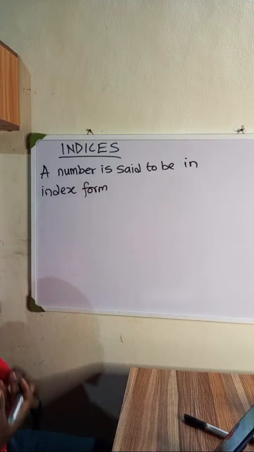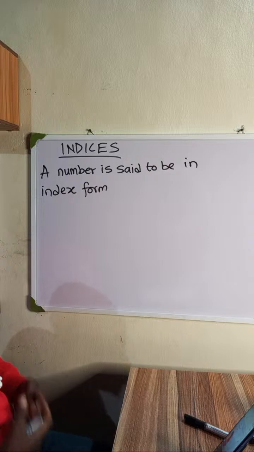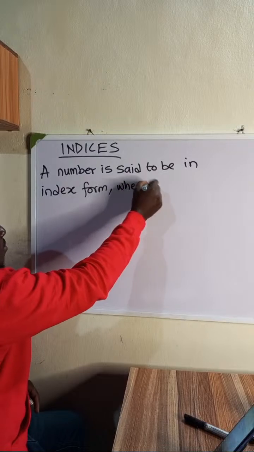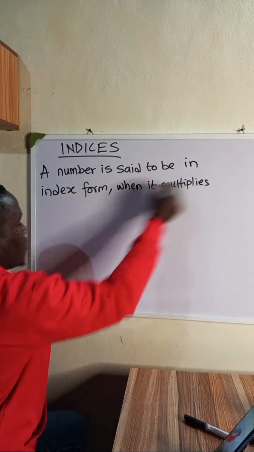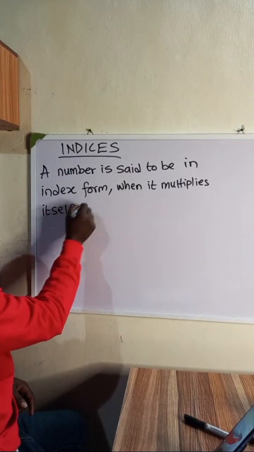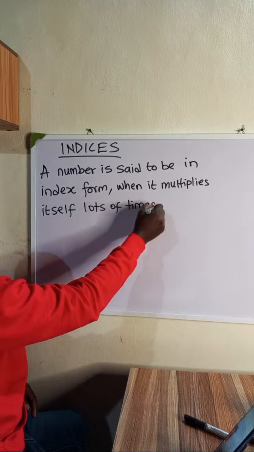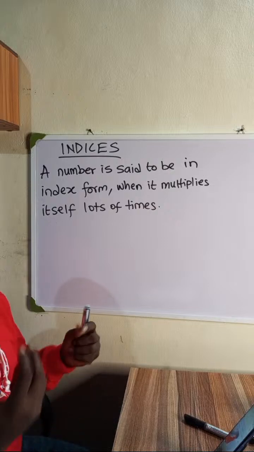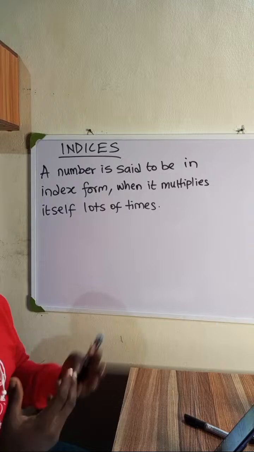A number is said to be in index form when it multiplies itself lots of times or a couple of times.